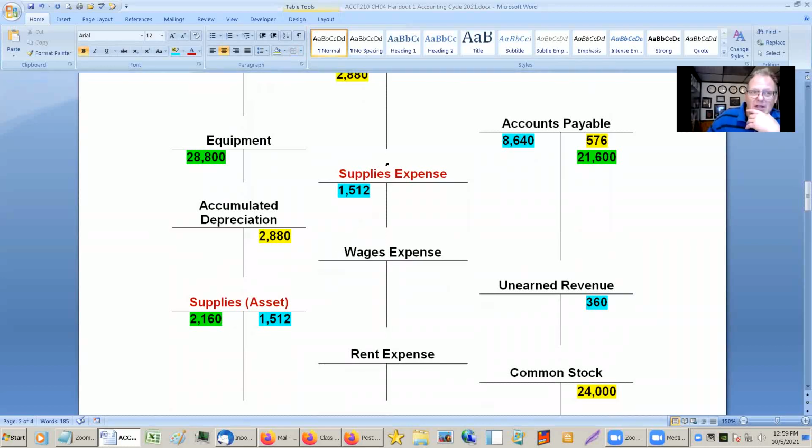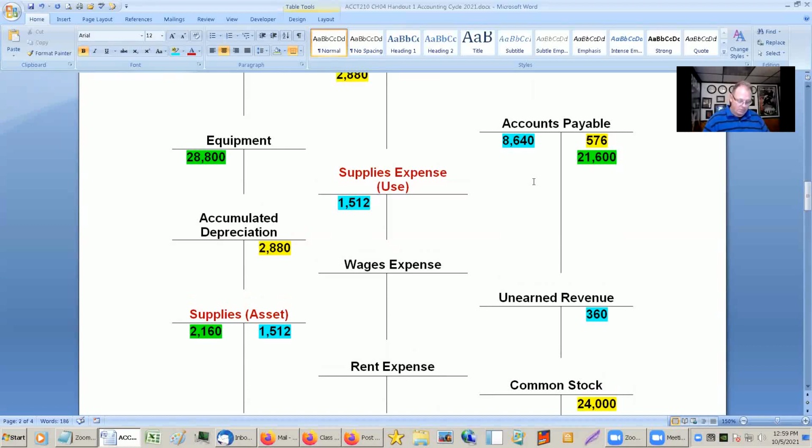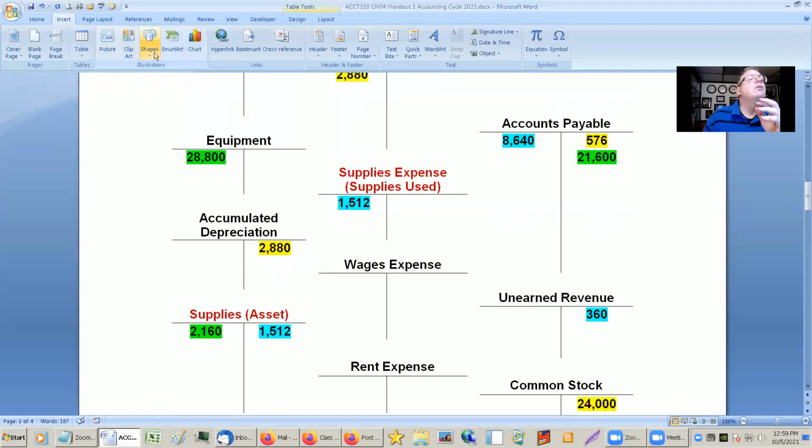Now, supplies expense, this is as we use the supplies. Let me write it differently. 1,512 of the supplies we used up. So we're going to take it out of our supplies. We no longer have these, and we're going to expense them.